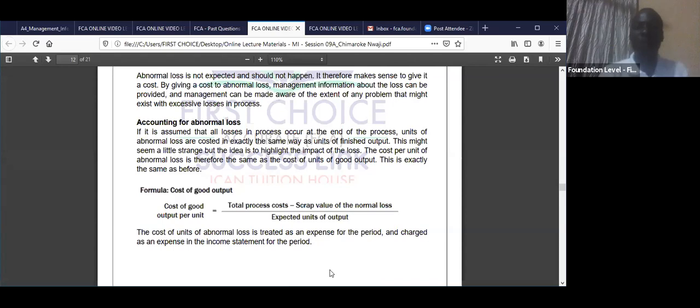And it came out, and due to some other things, another 0.1% of it got spoiled or became loss. You have to cost that abnormal loss the same way as the good output. So that's the same formula you see here.